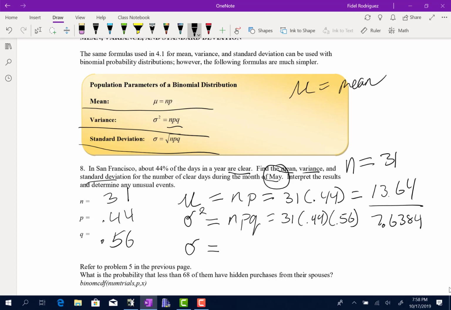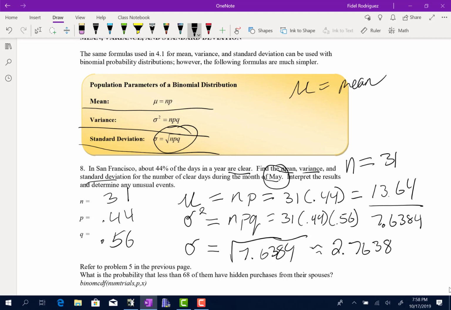And then guys, look at the next part, standard deviation. Standard deviation says, what are we going to do with the number that we just found? We're going to take the square root of it. So the square root of 7.6384. Let me take the square root of that number. And guys, are you coming up with something like 2.7638, if I round to 4 decimal places?